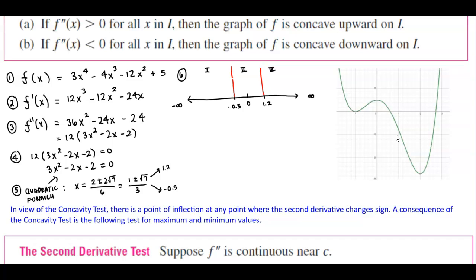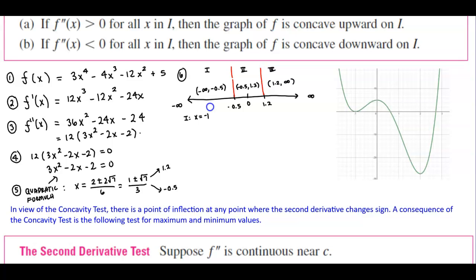Okay, so we can see that region 1 is the interval from negative infinity to negative 0.5. Region 2 goes from negative 0.5 to 1.2. And region 3 goes from 1.2 to positive infinity. In region number 1, let's pick x equals negative 1, and plug it into the second derivative.